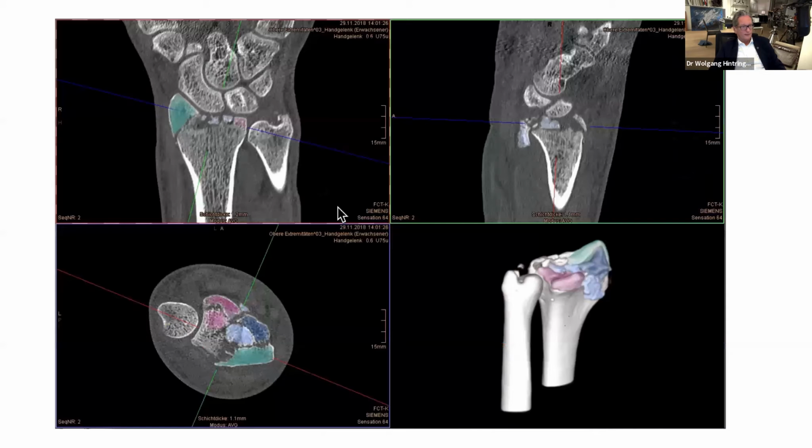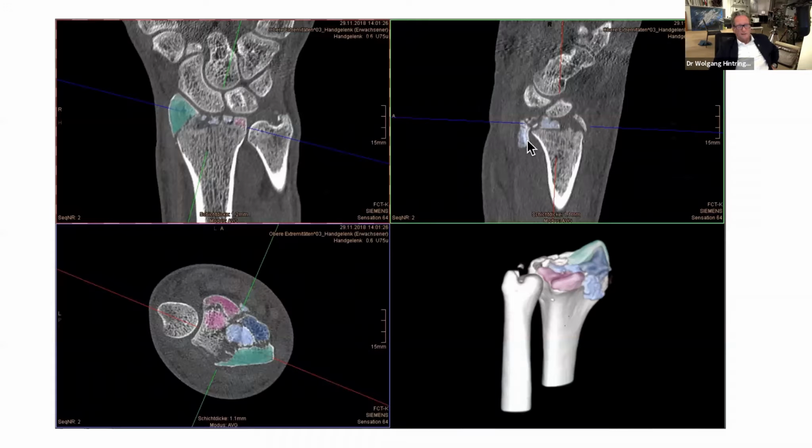And as you can see here, this participant had a plan how to fix this fracture. He produced this sheet and he colored the fracture in this way. You see here on the dorsal side, you have one big radial fragment. On the volar side, you have a volar key corner fragment.